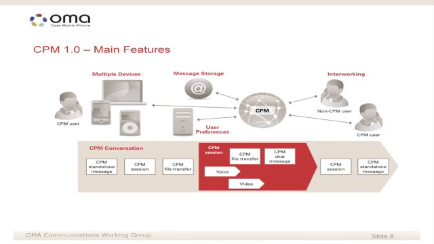It also provides interworking. Converged IP messaging can interwork with existing SMS, MMS, or email. But one of the goals of CPM is also to provide the capability for the sending user not to be aware, as much as possible, of what kind of messaging service the recipient is capable of.